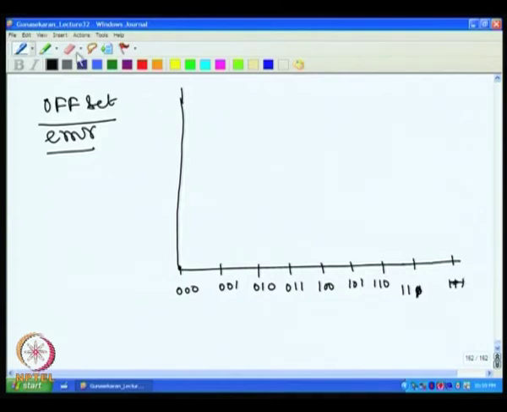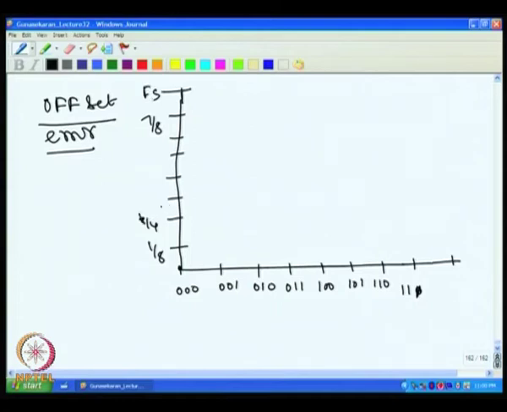Corresponding to that, we will have the same output. So, 1 by 8, 1 by 4 and so on, finally 7 by 8 and then full scale.